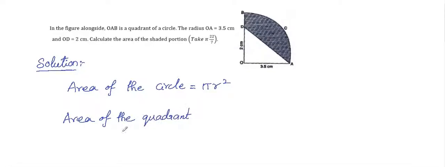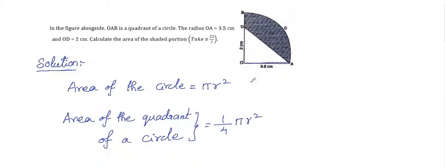The area of the quadrant means 1/4 of the circle, so the formula is 1/4 into pi r square, where r is the radius of the circle, which is 3.5 centimeters.